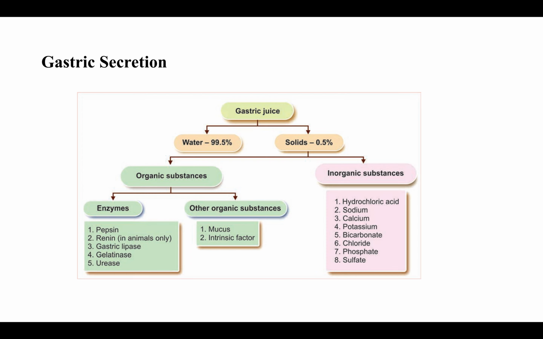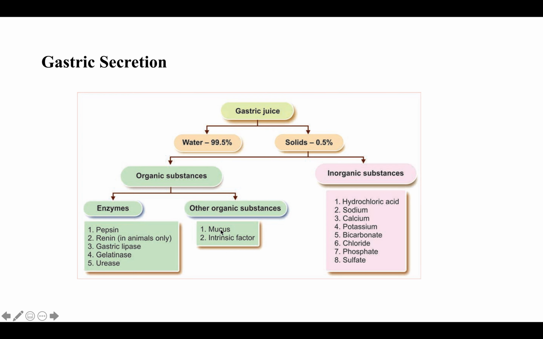Now, this is just a summary of the gastric juice. As we said, as in saliva, water is the major component, and there are some enzymes. Actually, you have to notice that renin is not present in the human secretions. We have other enzymes: gelatinase, urease, mucus, and intrinsic factor.